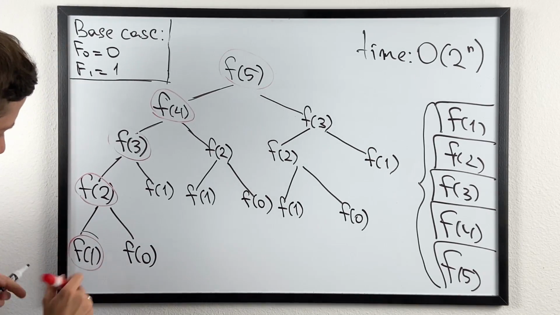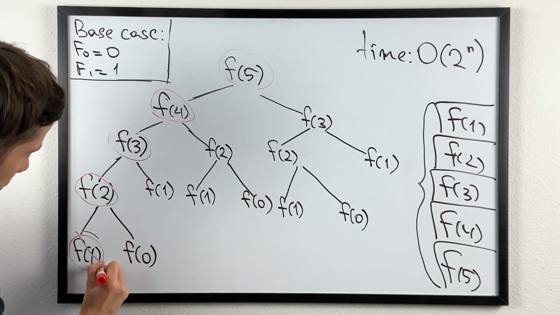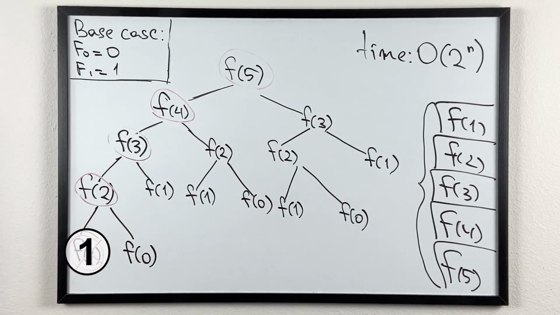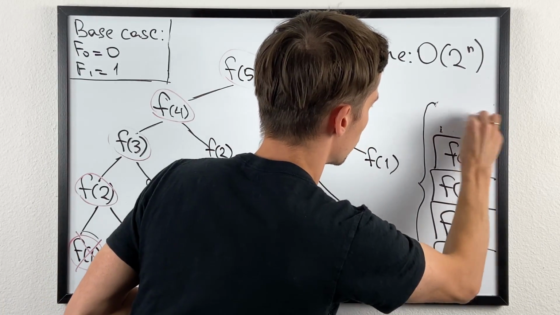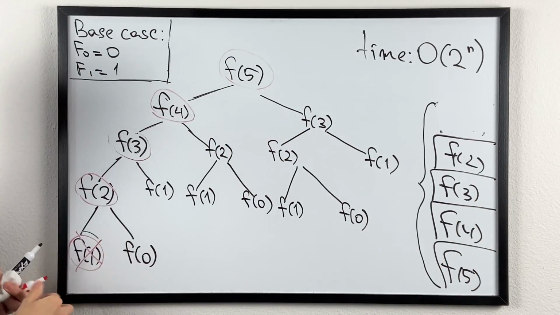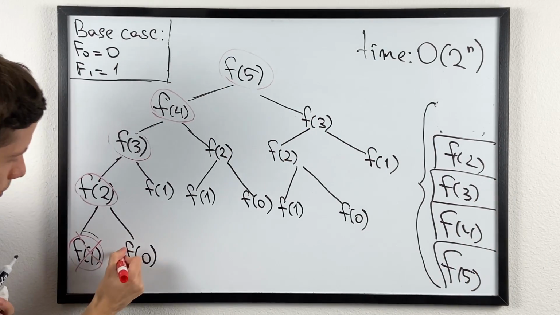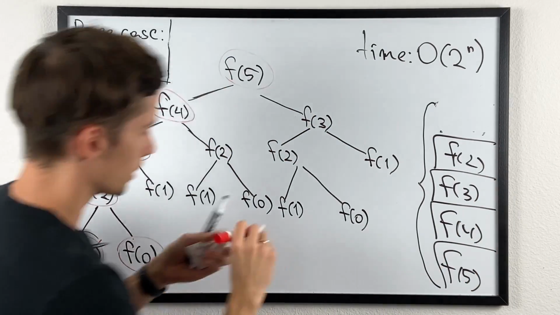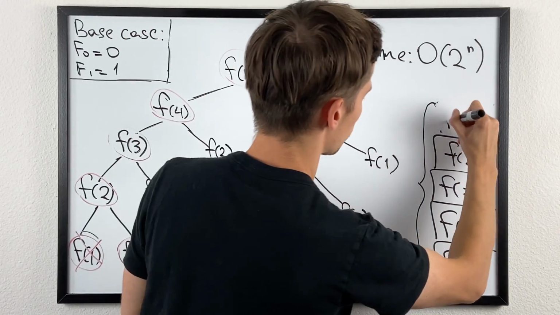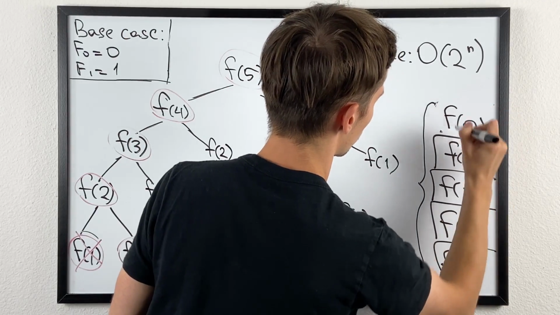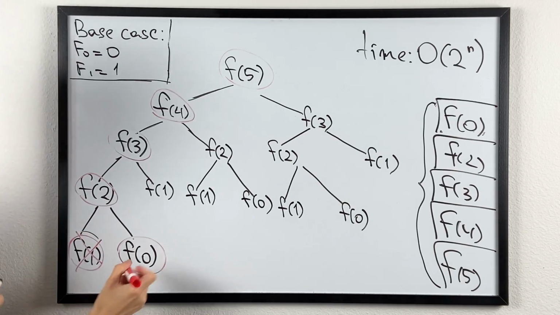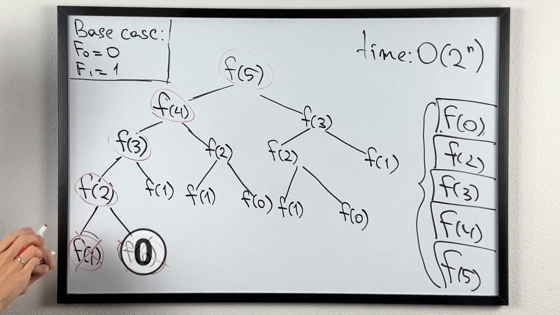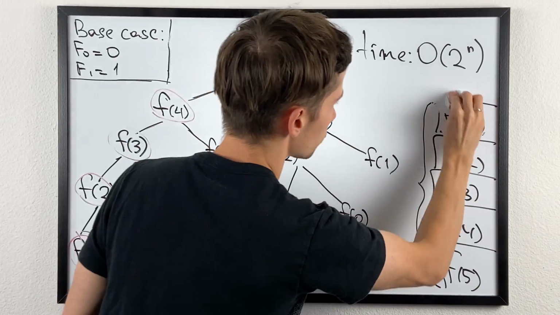Now let's just try to see what happens next. Function f of 1 will return some value, and it gets taken off the memory stack. Then function f of 0 will be called, and it gets placed on the memory stack. And then function f of 0 will return the value 0, and it will be taken off the memory stack.